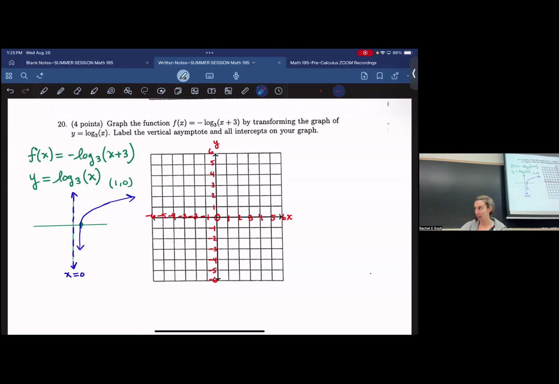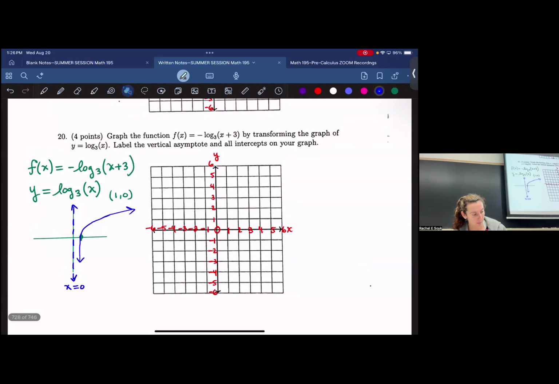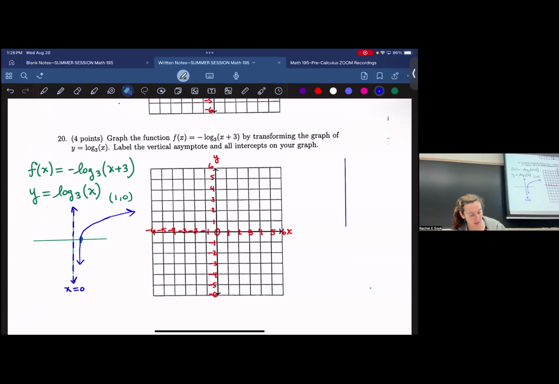But the parent functions, yes. And you always want to know that famous point. Okay. So now we're ready to plot our negative log base 3 of x plus 3. And I'm going to put a nice little t-chart off to the side so that we can get in some good points here.